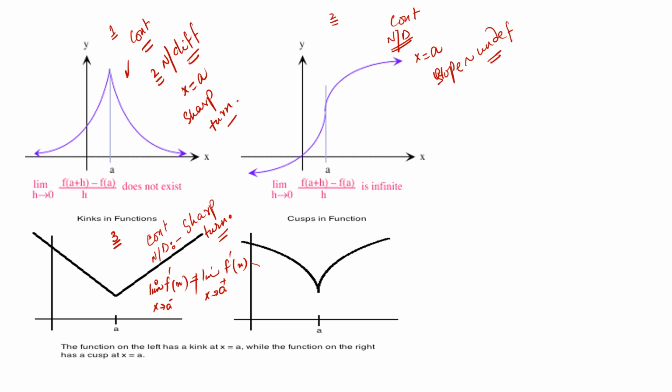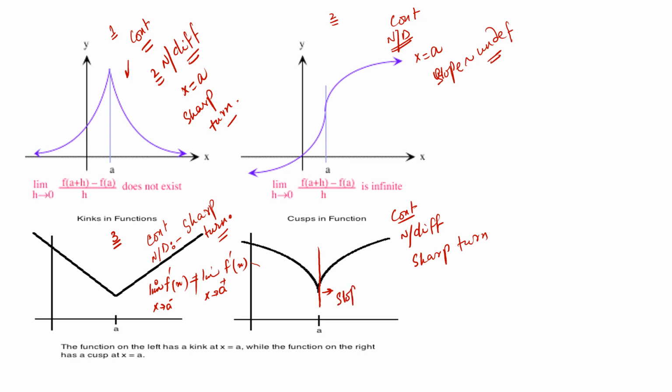Now in the next graph, graph number 4, you can see that the function is continuous but not differentiable. The reason is that it also has the sharp turn. And not only the sharp turn, if you want to make the tangent line over here, you will see that the slope of the tangent line is undefined.